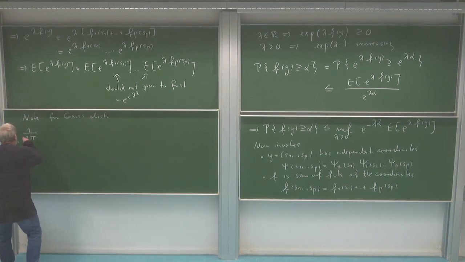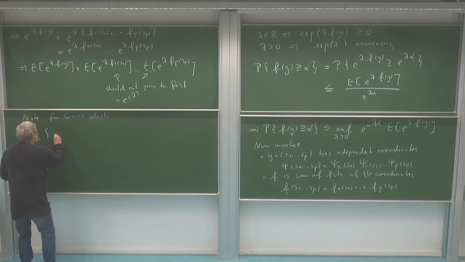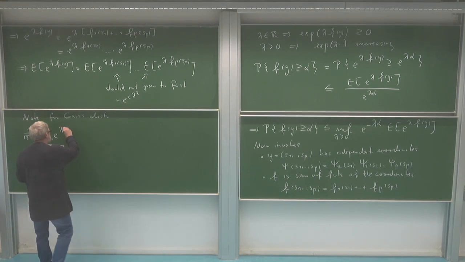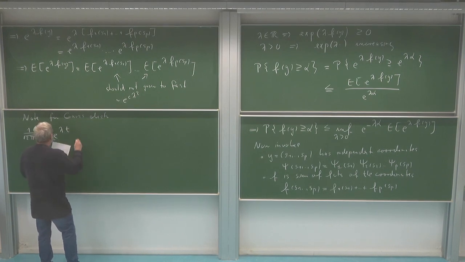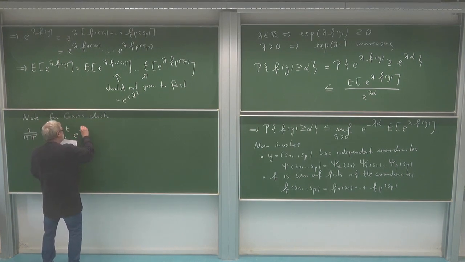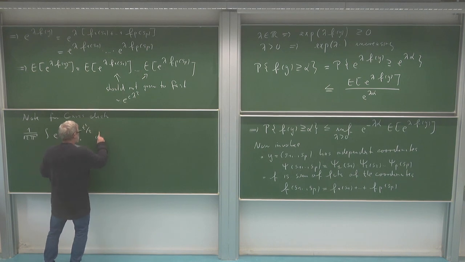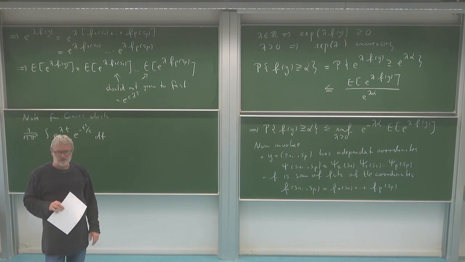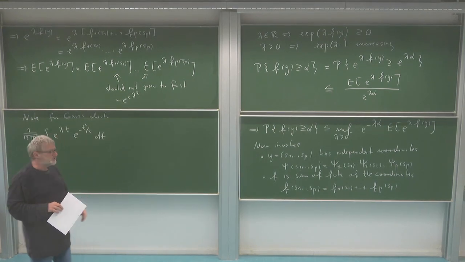So I take 1 over the square root of 2π, integrating e to the λ f1(s1), and I assume this has a Gauss distribution. So with t, the density of this is e to the minus t squared over 2. That's what this expectation means if f1(s1) has a standard Gauss distribution.